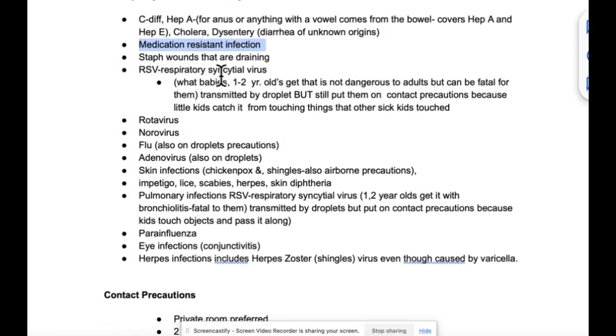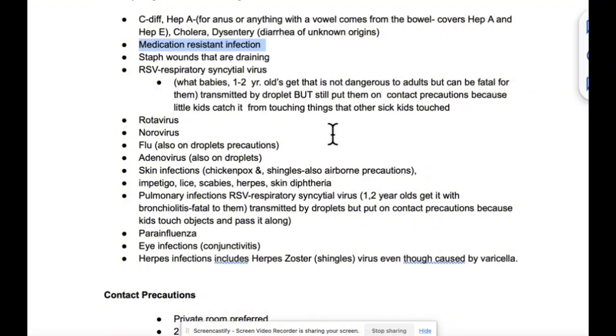RSV, respiratory syncytial virus. So now it's what the babies get, but now we're hearing more about 60-year-olds getting RSV. Yeah, I wouldn't say it's benign, but it's really more problematic in people with compromised immune systems, like your older adults and your babies, and people who have other reasons to have immunocompromised systems.